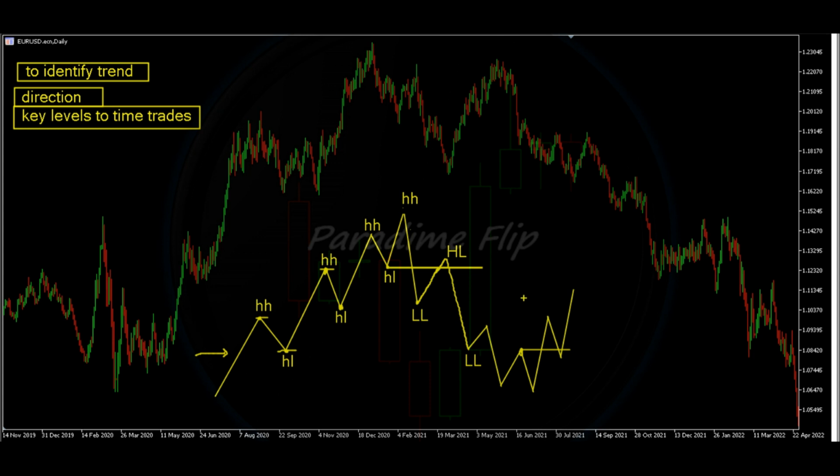Okay, and the basic idea, right, is that when we're in an uptrend and we can see the market is clearly making higher highs and higher lows, right, we want to trade with that, right? We want to continue that.